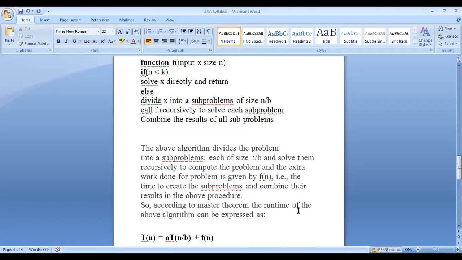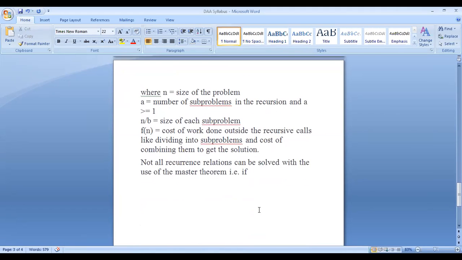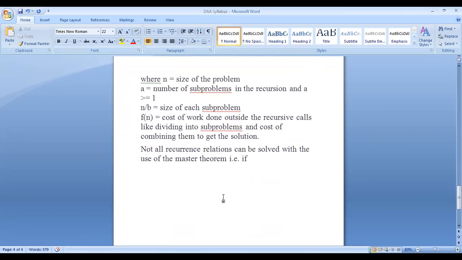So this is about the master theorem, the divide and conquer recurrence T of n equals a T of n by b plus f of n. To apply the master theorem, the function f of n belongs to theta of n power d, where d is greater than or equal to 0.